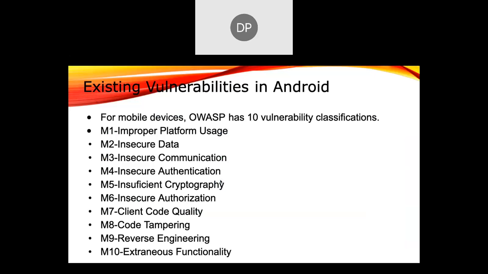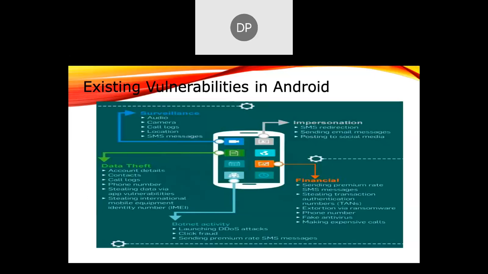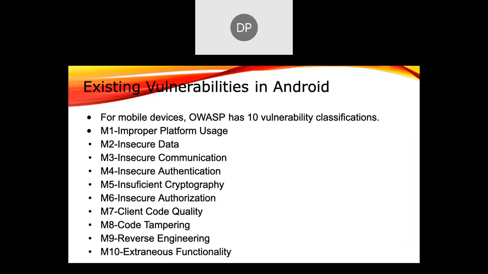So, these are the general idea, but if you go to the OWASP list, they have a top 10 vulnerability classification in mobile devices. First one is improper platform usage. Second one is insecure data. Third one is insecure communication.